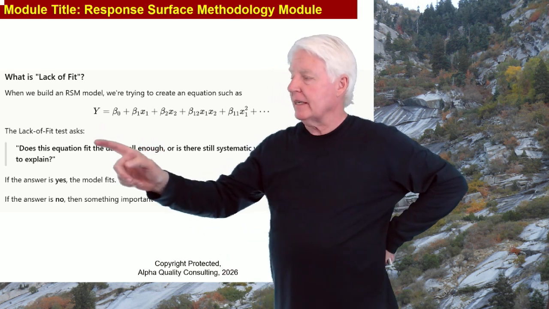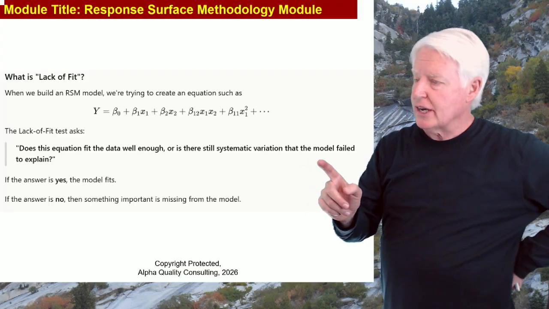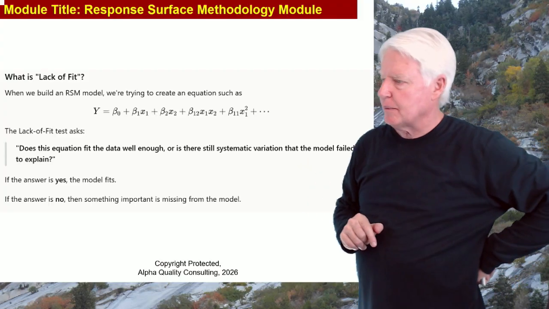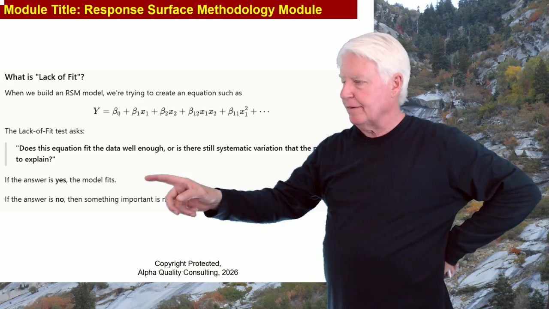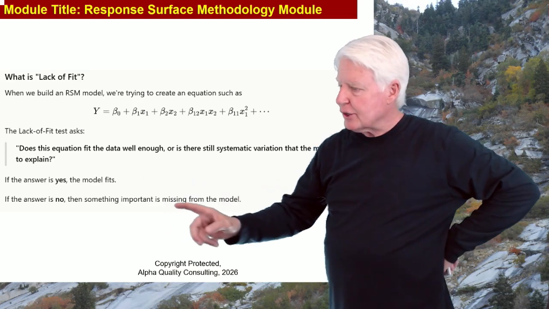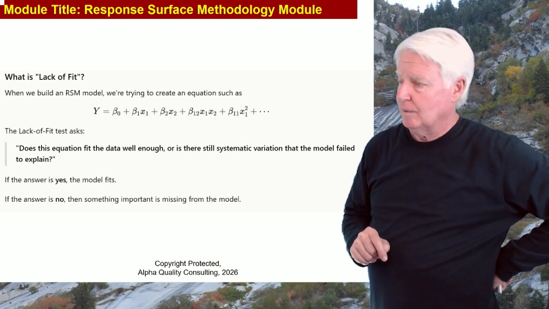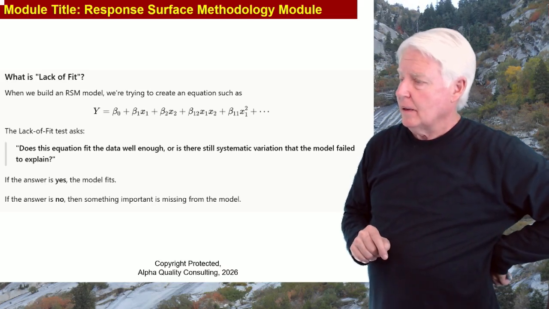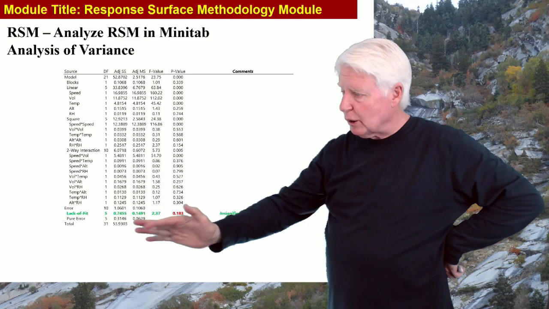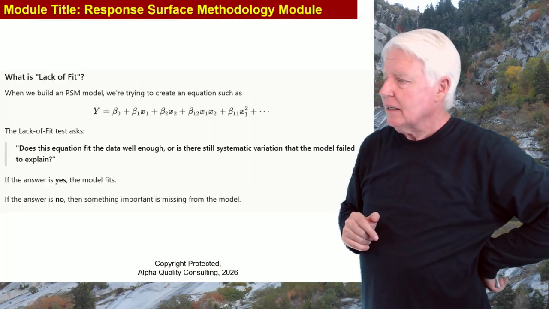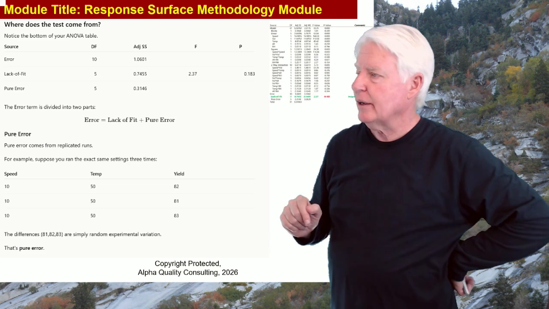The lack of fit test asks, does this equation fit the data well enough, or is there still systematic variation that the model failed to explain? If the answer is yes, the model fits. If the answer is no, then something important is missing from the model. So that's what we're doing with lack of fit. Do we have the right variables here to give us good predictability power? Let's figure it out.